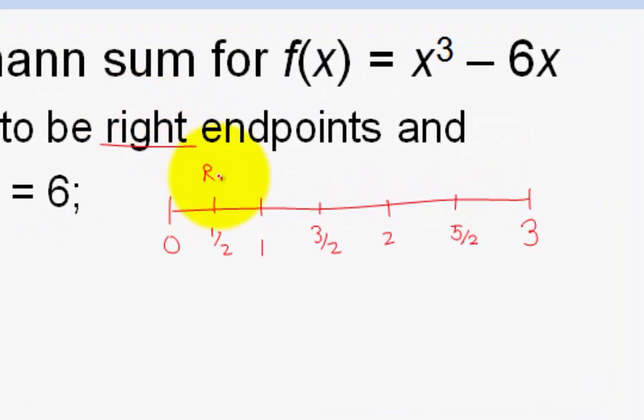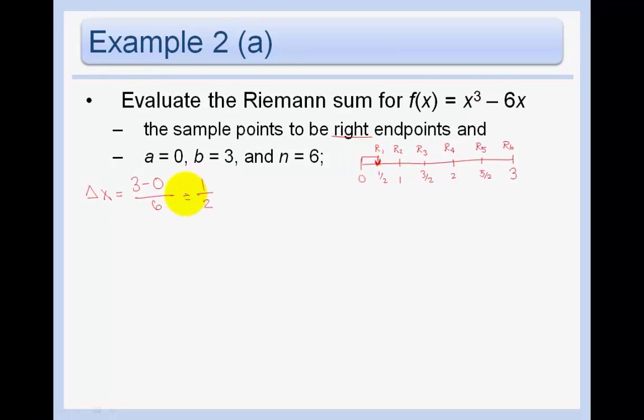So here's our first one, here's our second one, here's our third, fourth, fifth, and sixth. Remember, this is our rectangle, so this would be the right endpoint. Okay, and the width of our rectangle is 1/2. So in order to evaluate this, we're going to do the width times the height.